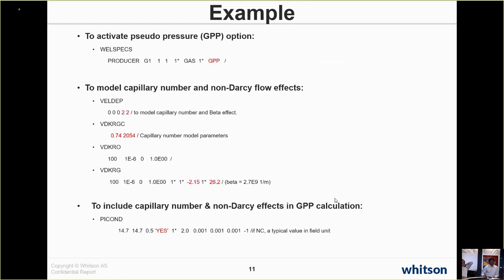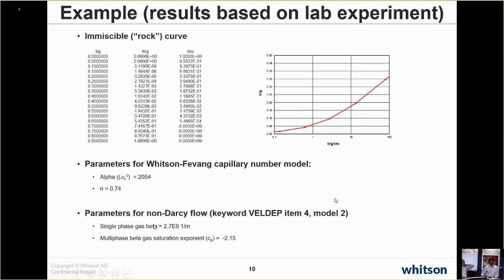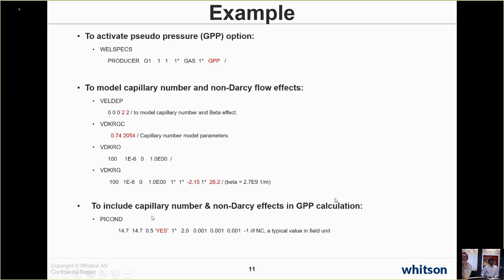Then whatever parameters we got for the beta, 2.7 e to the 9 and minus 2.15, we come here, VDKRG, and write the value, minus 2.15. This beta we get per meter, and then we have to convert it to the unit they use in Eclipse, and it comes to 26.2. How to convert from meter to this unit is already given in the Eclipse manual.